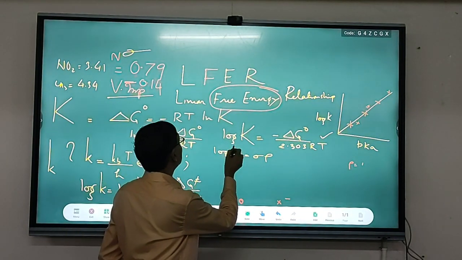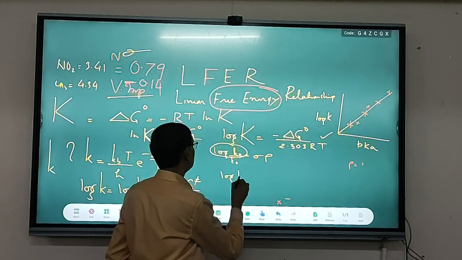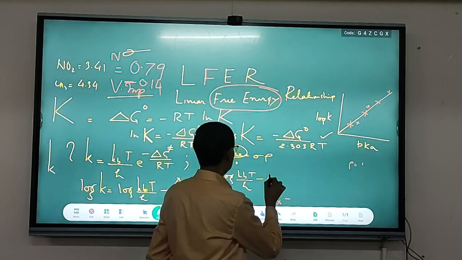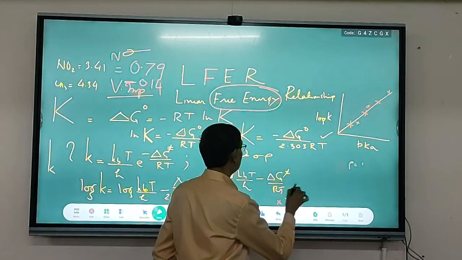In place of log of Kx, we can write log of kBT/h minus delta G by RT, minus this thing.